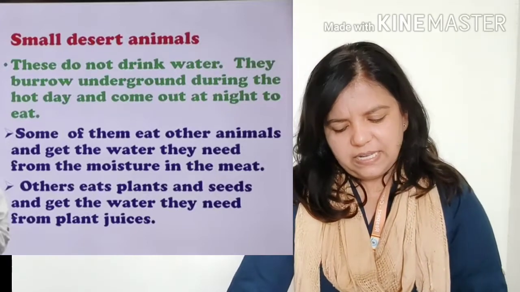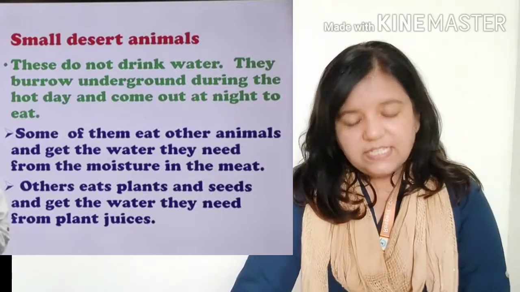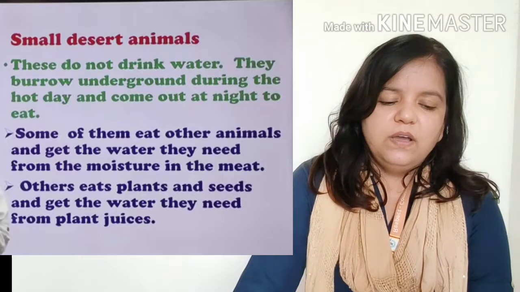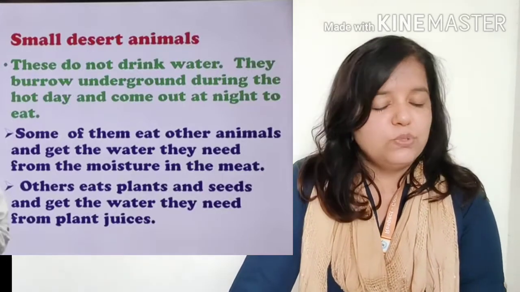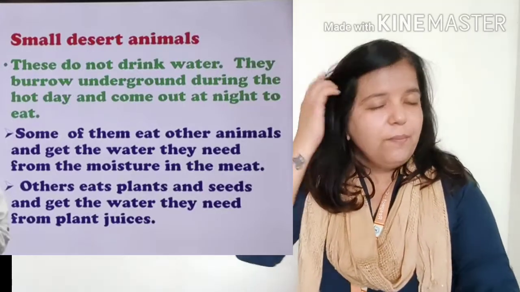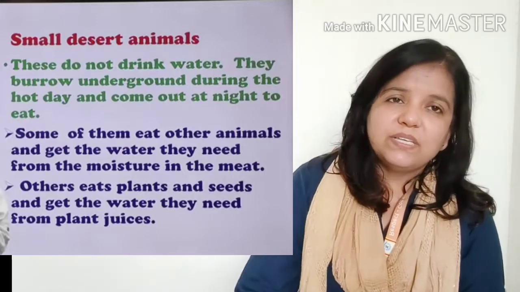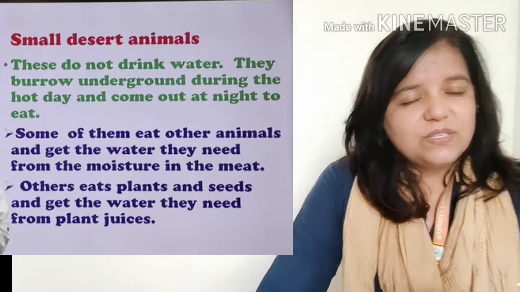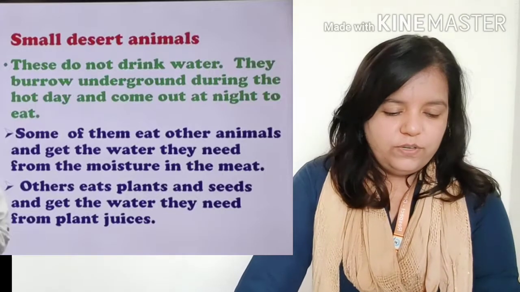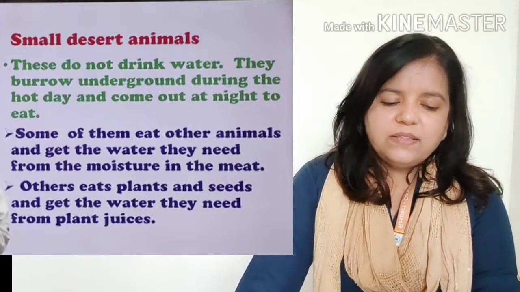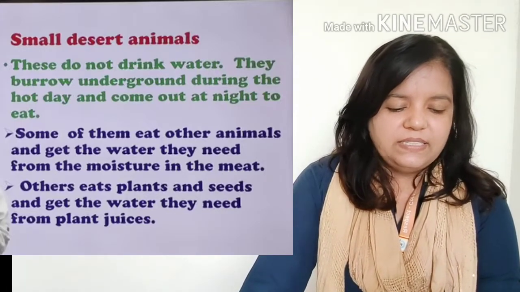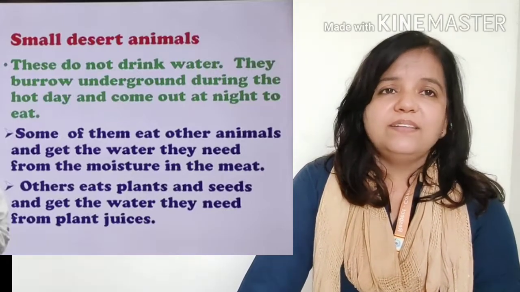Some of them eat other animals and get the water they need from the moisture of the meat. Means वो दूसरे animals को खाकर अपनी प्यास भी बुझाते हैं, so they can retain their moisture. Others eat plants and seeds and get the water they need from the plant juices.